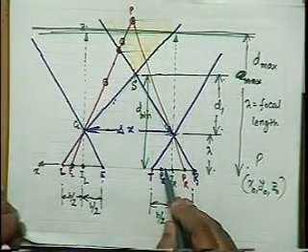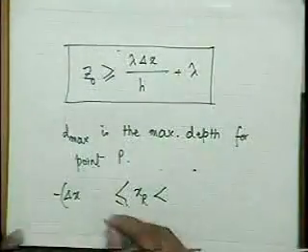So the search region will be a little less, and it is less by this much amount.